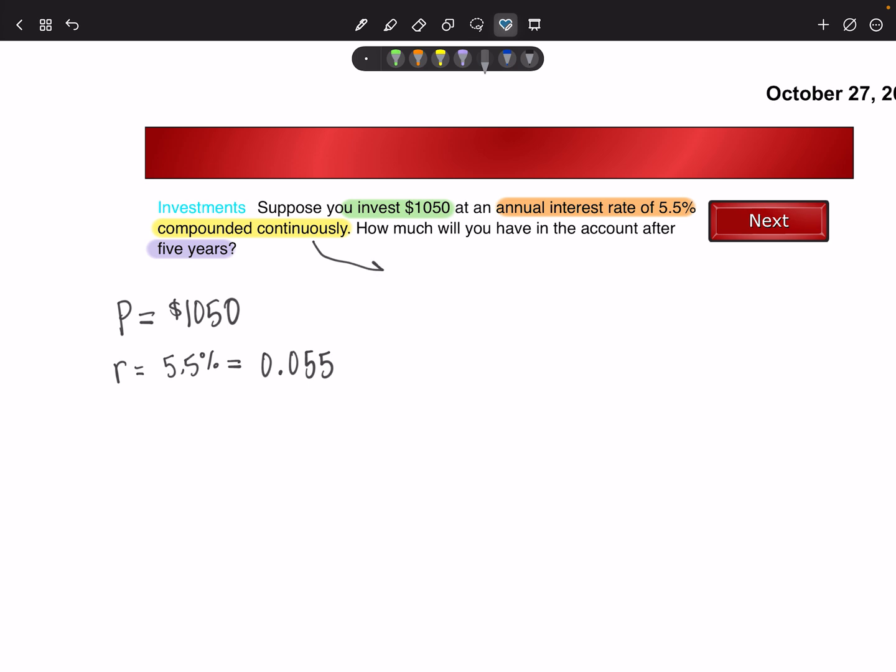Compounded continuously tells us our formula. That's A equals P times e raised to the RT power. We know that P is going to get filled in, and we also know that R is going to get filled in. So you can see that we've got T left over, and we've got our end value amount left over.